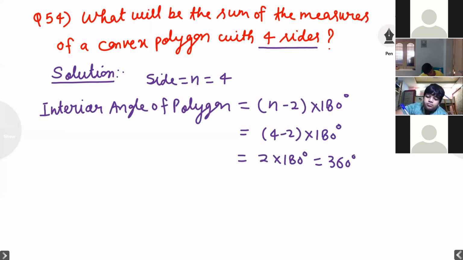Now the polygon here is a quadrilateral formed by 4 line segments. Write down very clearly.